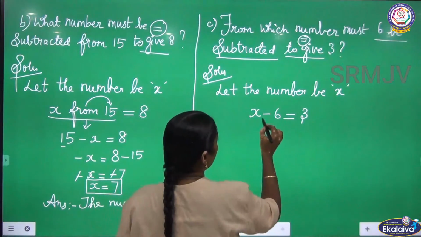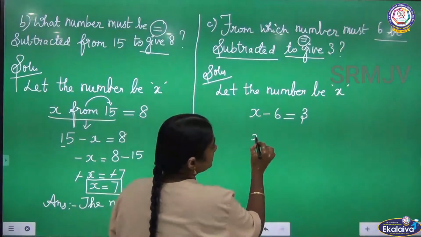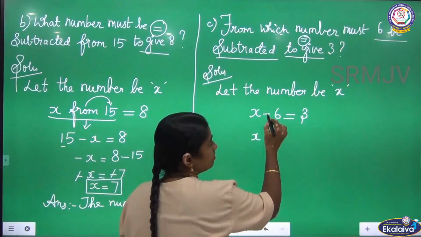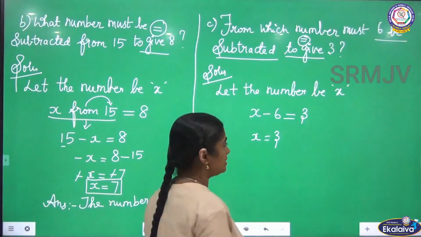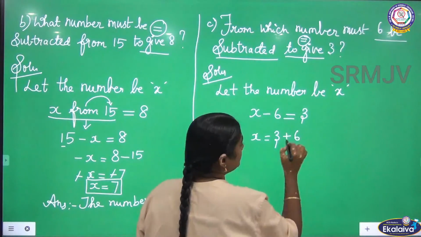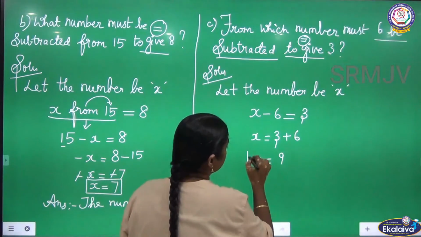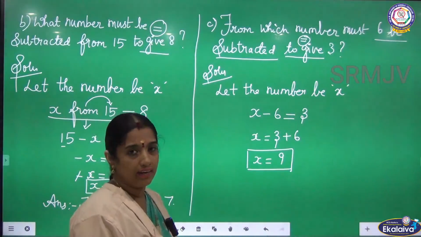Now listen, I am going to find the value for what? X. So x minus 6 is equal to 3. This minus 6, when it goes to the other side of the equal, becomes what? Plus 6. So 3 plus 6. So x is equal to 3 plus 6, which is what? 9. So my x value here is 9.